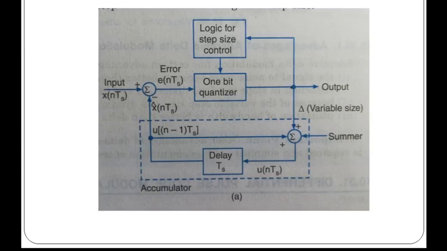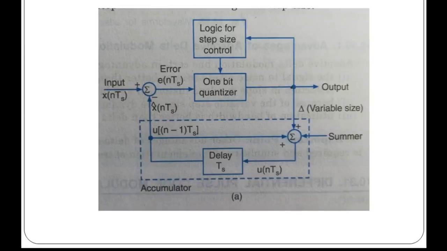If you compare this diagram with the previous diagram, only this block is added, that is, the logic for step size control. The step size increases or decreases according to the specified rule depending on the 1 bit quantizer output. So this will depend upon the output of this 1 bit quantizer.